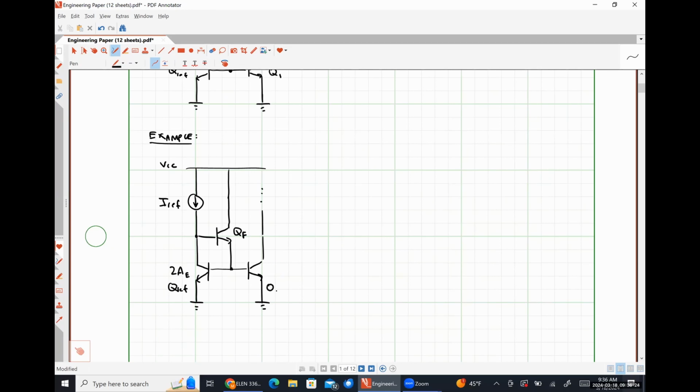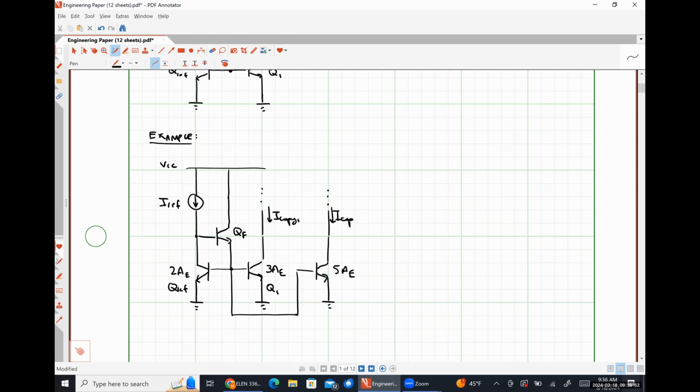Let's move this down here. Q1. This guy was 3 times, this guy was 5 times. We can pull our base current from over here, where this current was I copy 1.